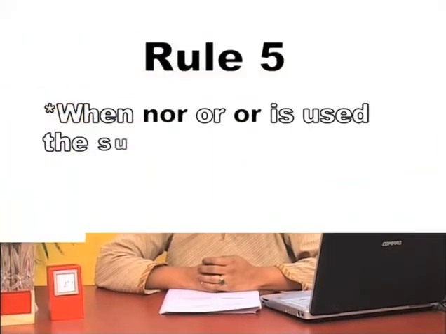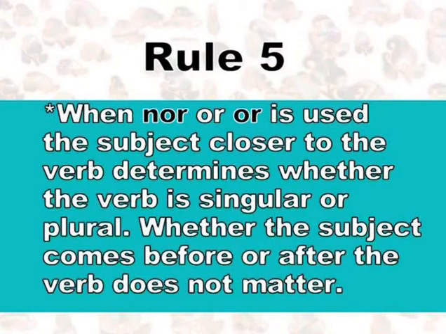Now, whether the subject comes before or after the verb doesn't matter. It's the proximity that determines the number. Let's make it more clear with the help of an example.